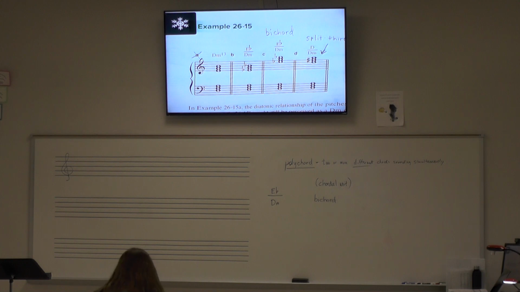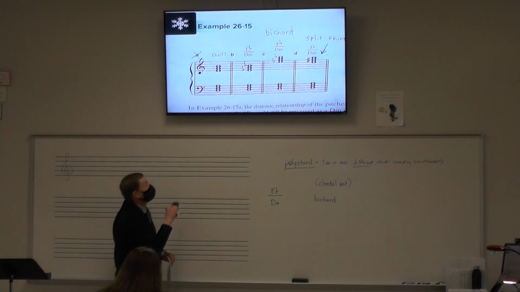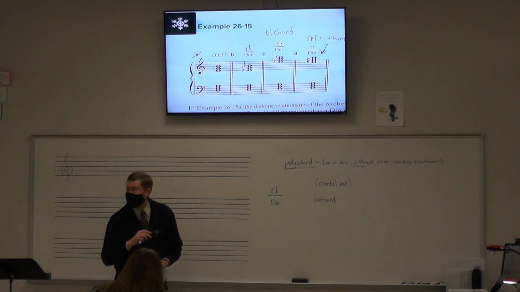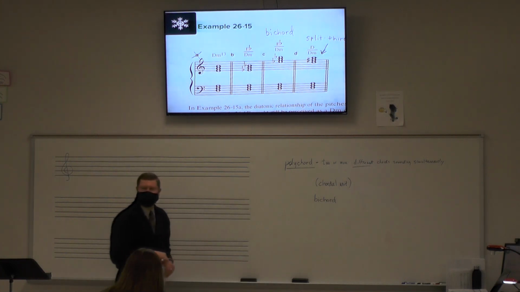Now, if you look at the last measure on the screen there, a polychord that consists of a major and a minor triad built on the same root has a special name. You see how measure D on the right there is a D major triad sounding along with a D minor triad? Can you imagine, first of all, what that sounds like?